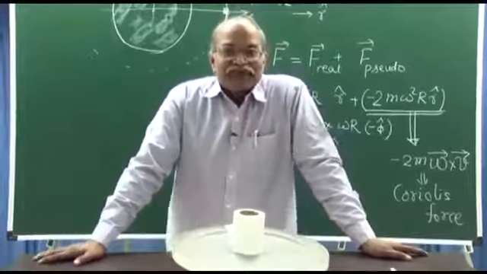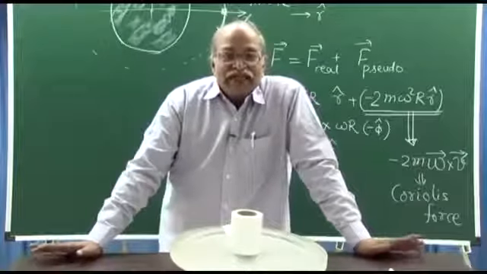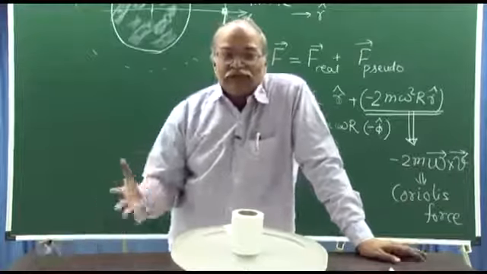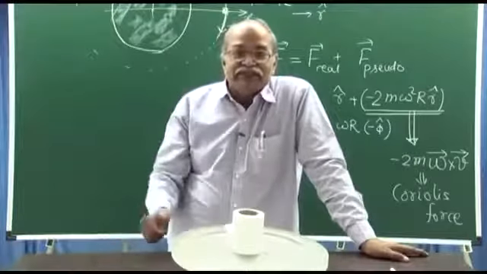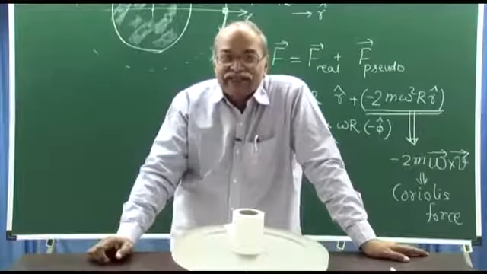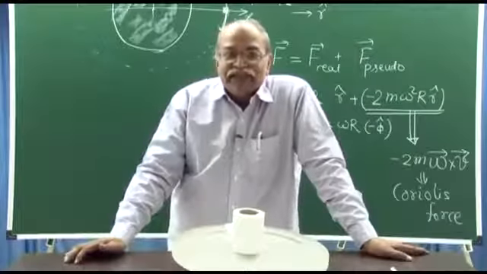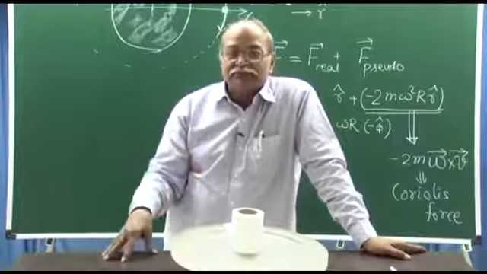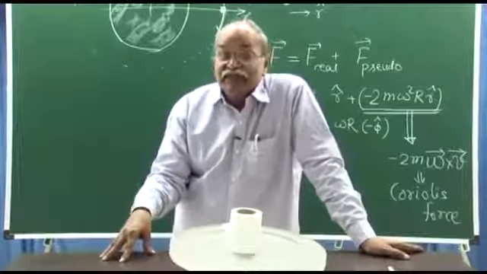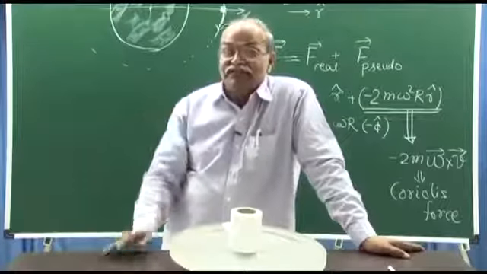So that is how the Coriolis force works, and we live on the planet Earth, which is rotating about its north-south axis. So we indeed use a rotating frame of reference, and therefore whatever moves with respect to the Earth may experience Coriolis force unless omega and v are parallel.